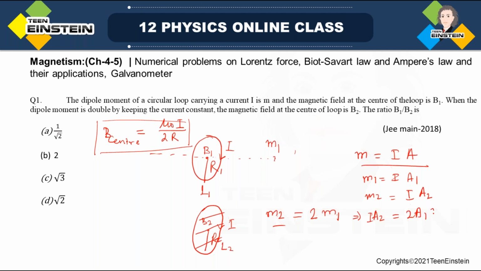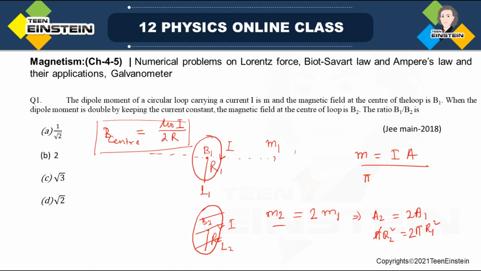With this, I'll erase this part. Now we'll get the relation between the radii, because for a circular loop the area is pi r2 square, and this is pi r1 square, along with 2 multiplied here. Pi will go off from both sides.